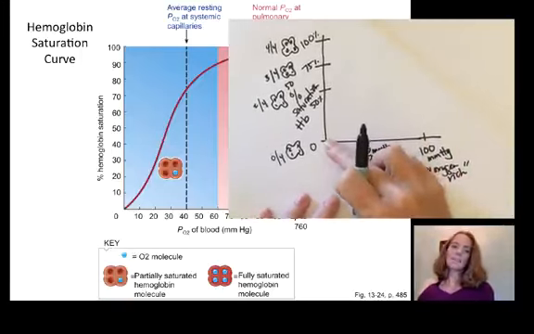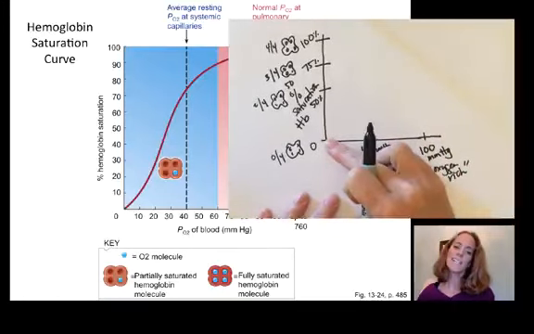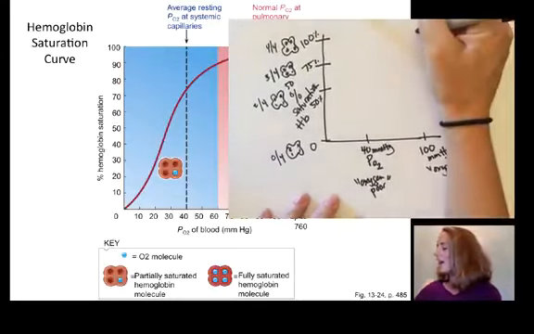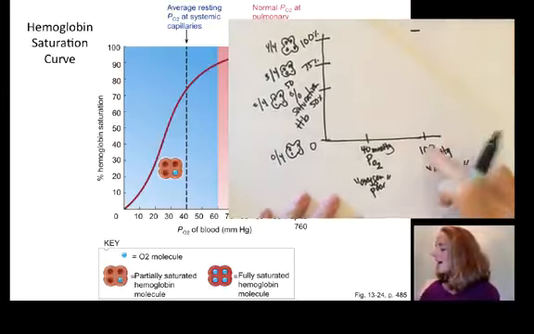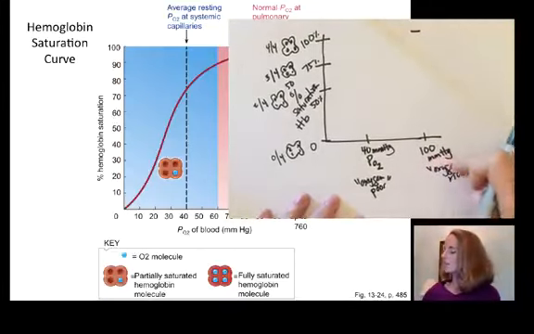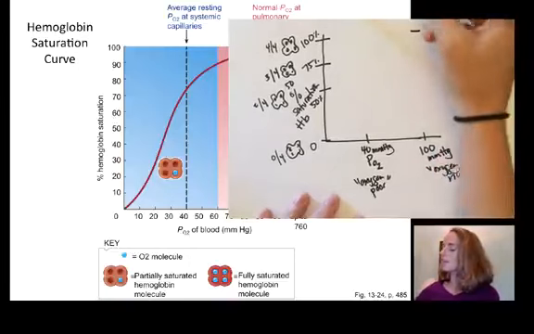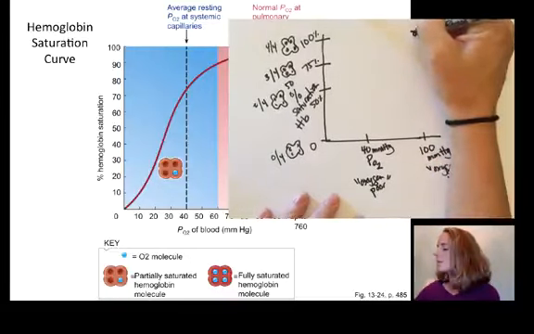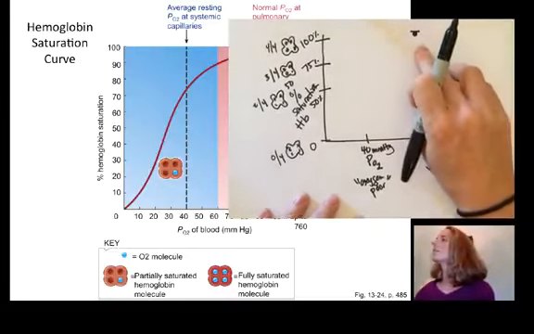And we're going to ask, how cool is hemoglobin? And the answer is, hemoglobin is super cool. At high levels of oxygen, or in oxygen-rich environments, hemoglobin is going to be 100% saturated.